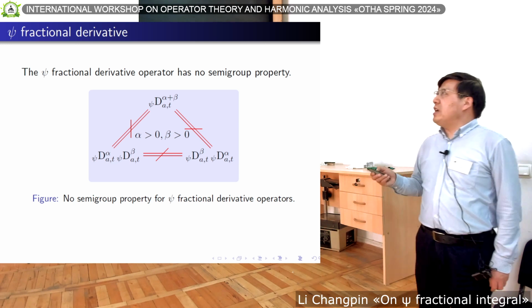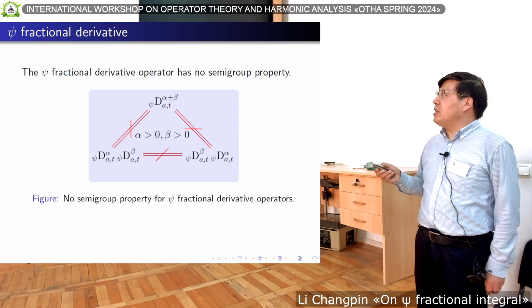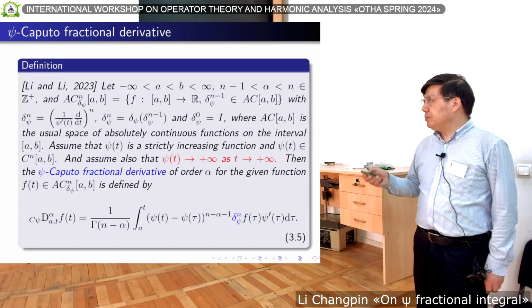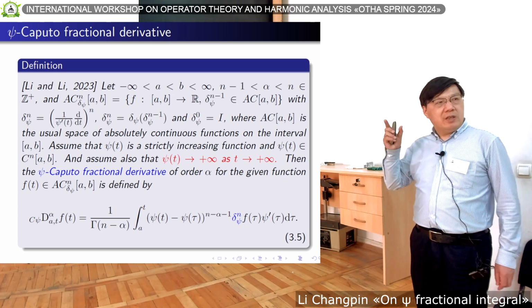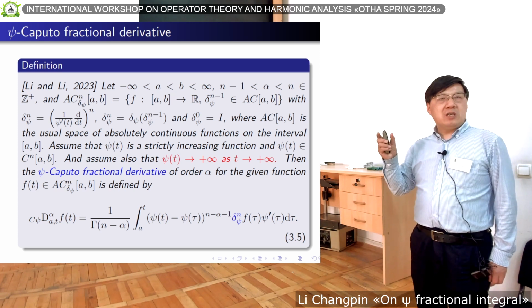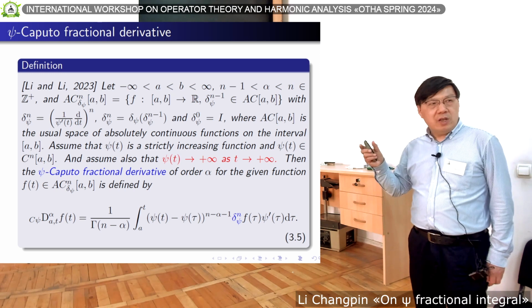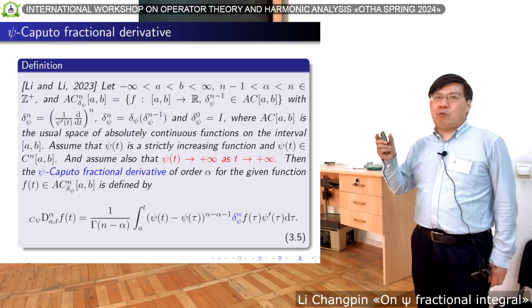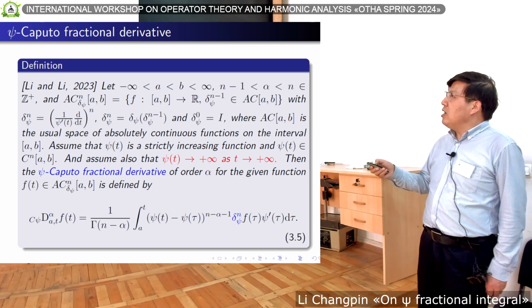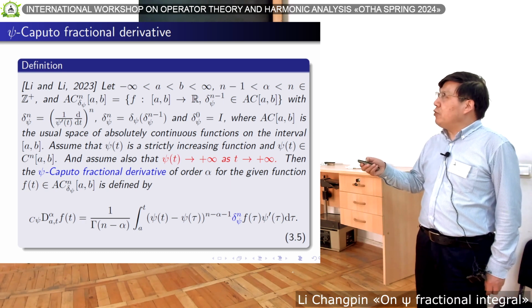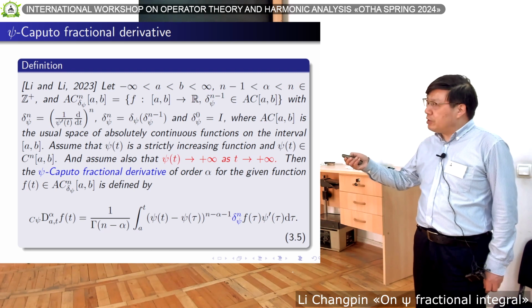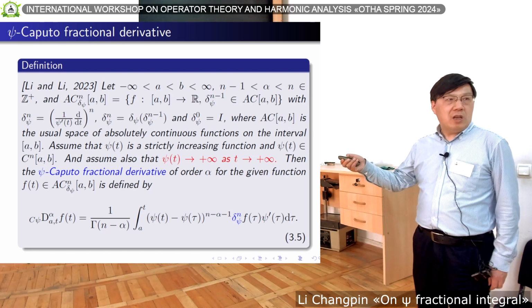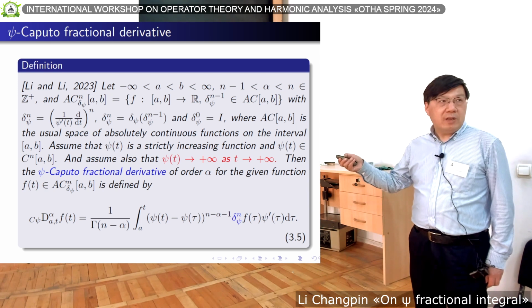But the psi fractional derivative operator has no semigroup property. If we change the order of integration and differentiation, we get the psi Caputo fractional derivative. This is differentiation first, then integration.